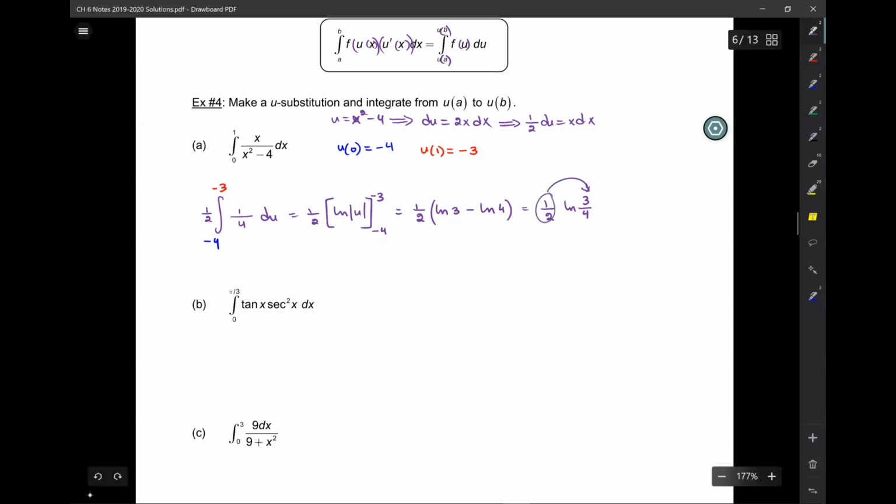It comes up. So this is ln of root 3 over 2. Remember all those logarithm properties? Yes, yes, yes, yes. So that's it. Now, before I take a question, one more thing.